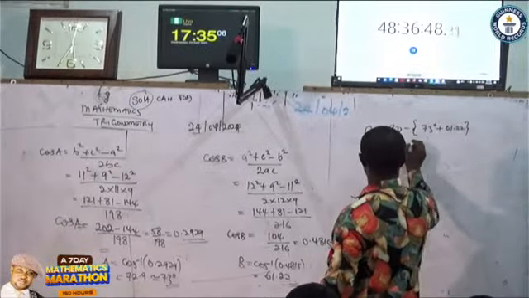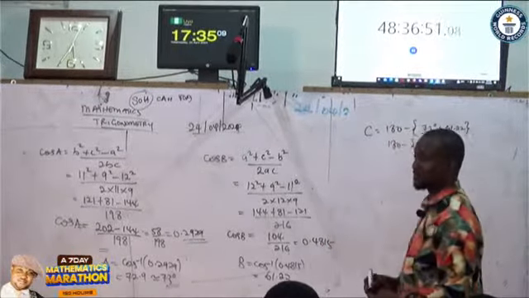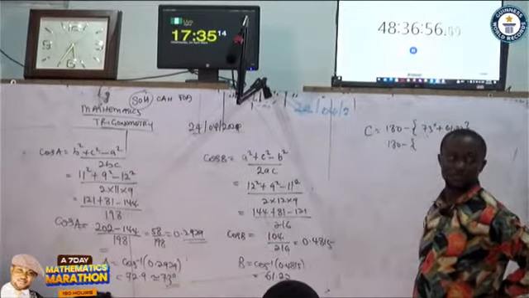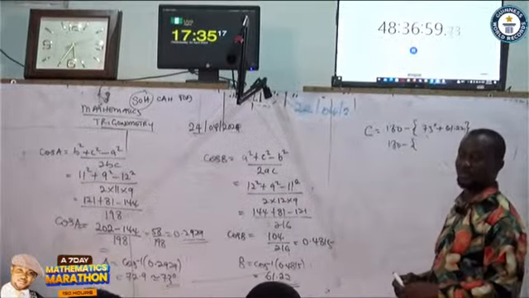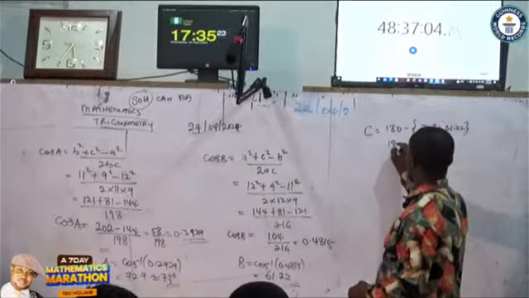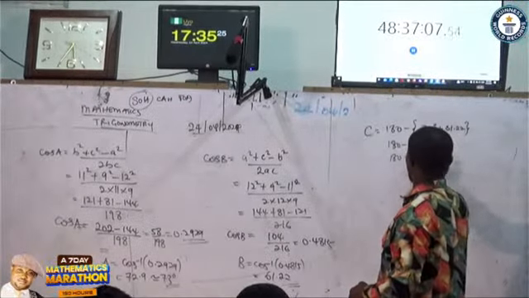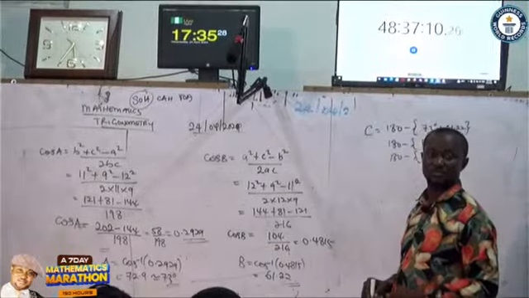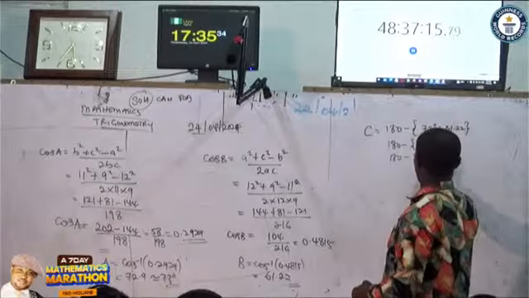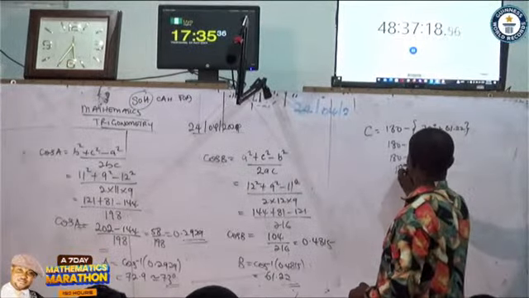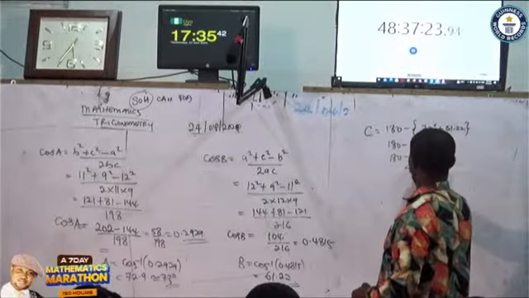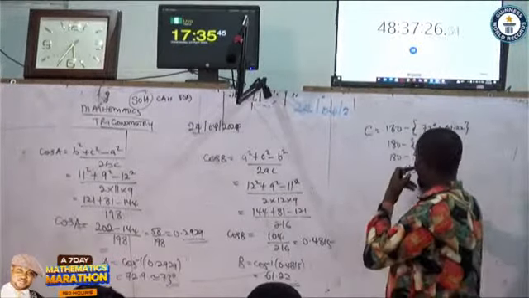That will be 180 degrees minus, add this and this, what do you have? 134.22. 180 minus 134.22 is what? 45. So we are getting all the angles now.